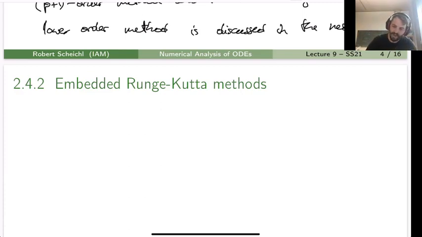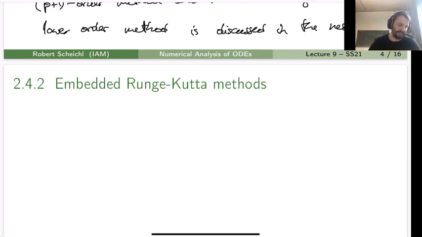Good. So an alternative is our embedded Runge-Kutta methods. Instead of estimating the local error by doubling the step size, these embedded Runge-Kutta methods use 2 methods of different order to achieve the same effect, as I just said.